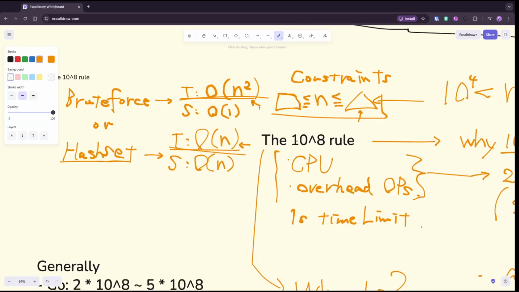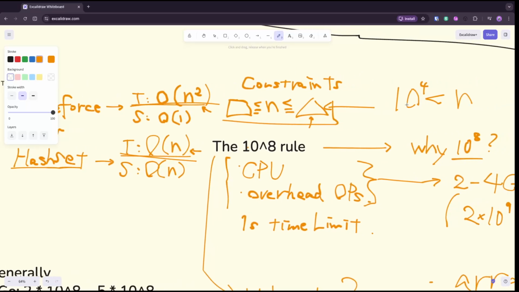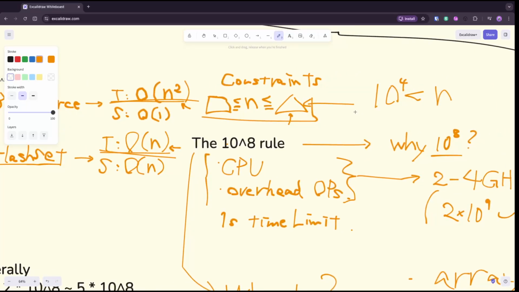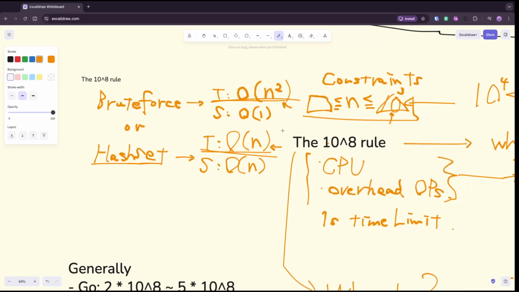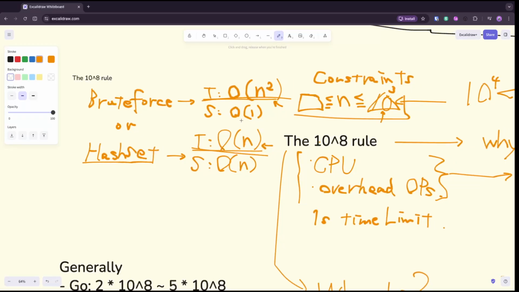But on the other hand, if the maximum n is less than 10 to the power of 4, for example 10 to the power of 3, this is a very small maximum limit. So you have some choices. You can choose brute force or hash set. In this case, brute force is more efficient in space complexity, so we can use the brute force approach.